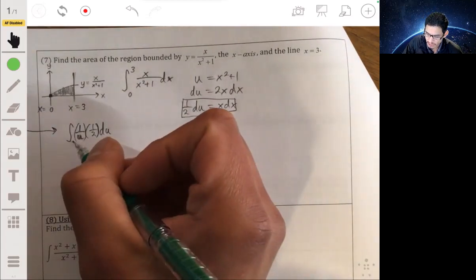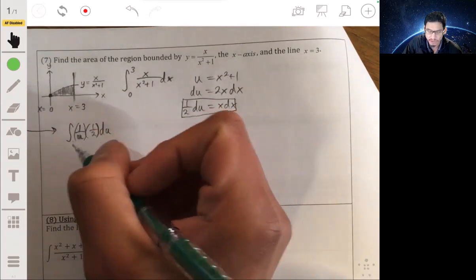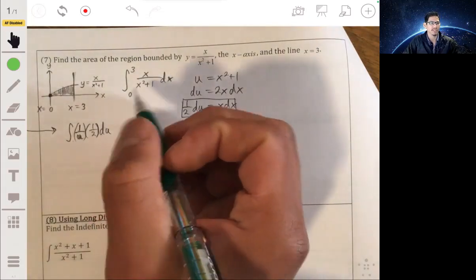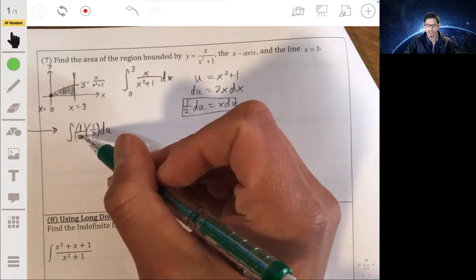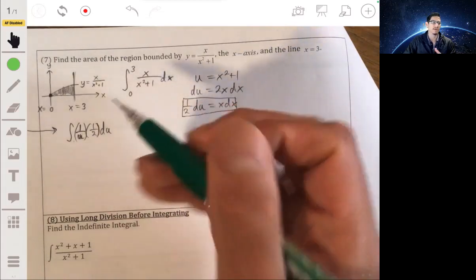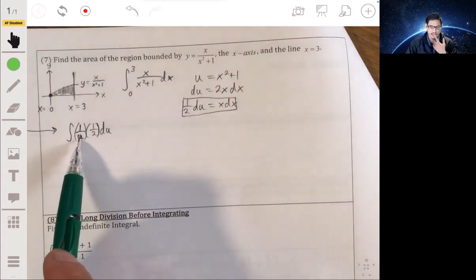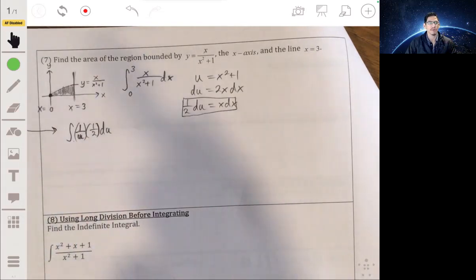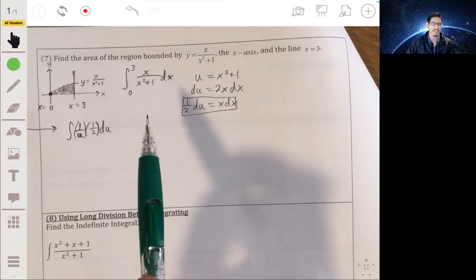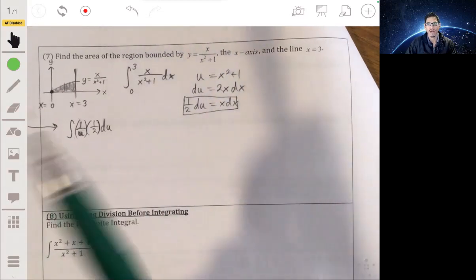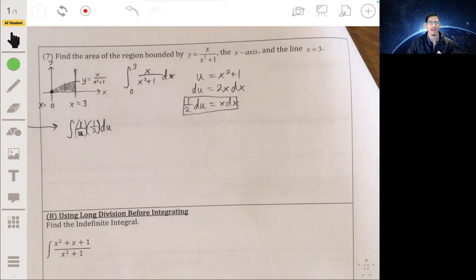But now we're not going to use 0 and 3 for the endpoints, because these are endpoints in terms of x. We changed our variable of integration to u. So what we can do is either integrate this and then rewrite the expression in terms of x, and then find the area by plugging it in and using the fundamental theorem of calculus.